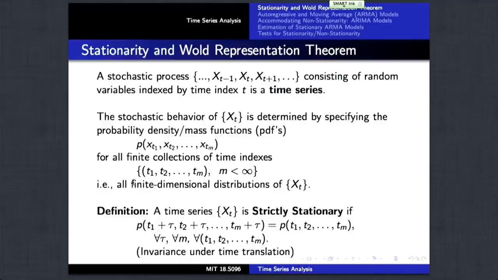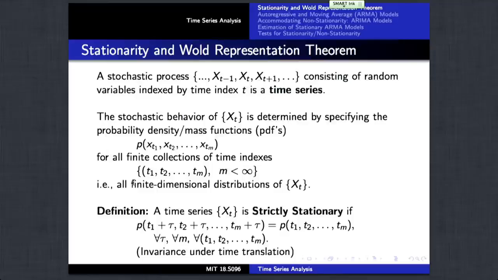The stochastic behavior of this sequence is determined by specifying the density or probability mass functions for all finite collections of time indexes. And so if we could specify all finite dimensional distributions of this process, we would specify the probability model for the stochastic process.